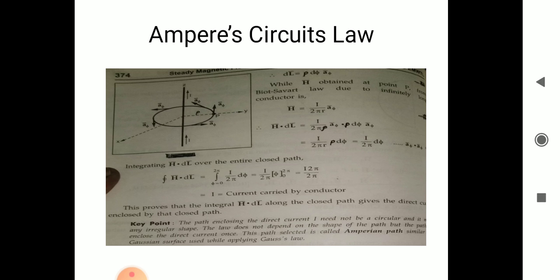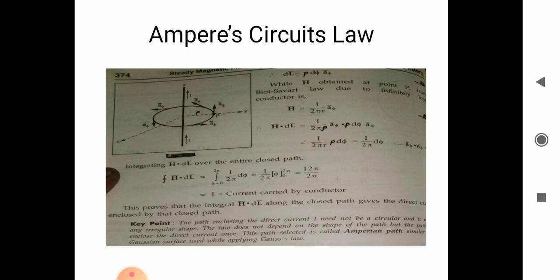This proves that the integral H bar dot dl bar along a closed path gives the direct current enclosed by that closed path. This is the proof of Ampere's circuital law. The path enclosing the direct current need not be circular, and it may be any irregular shape.